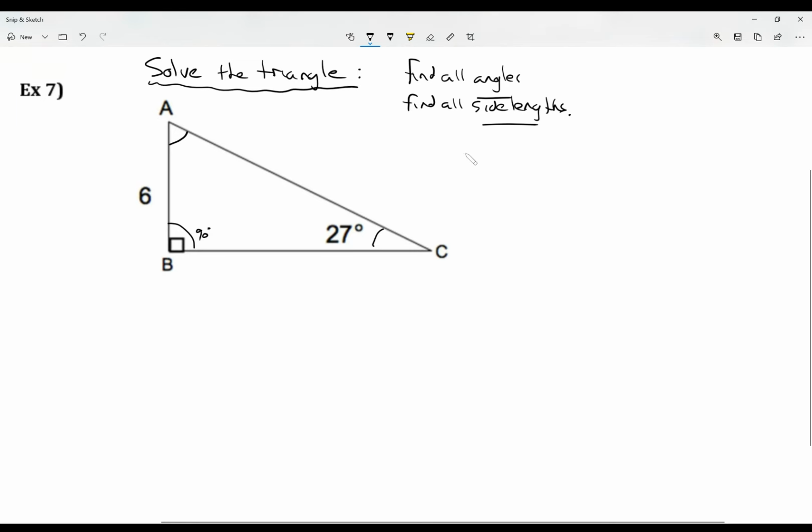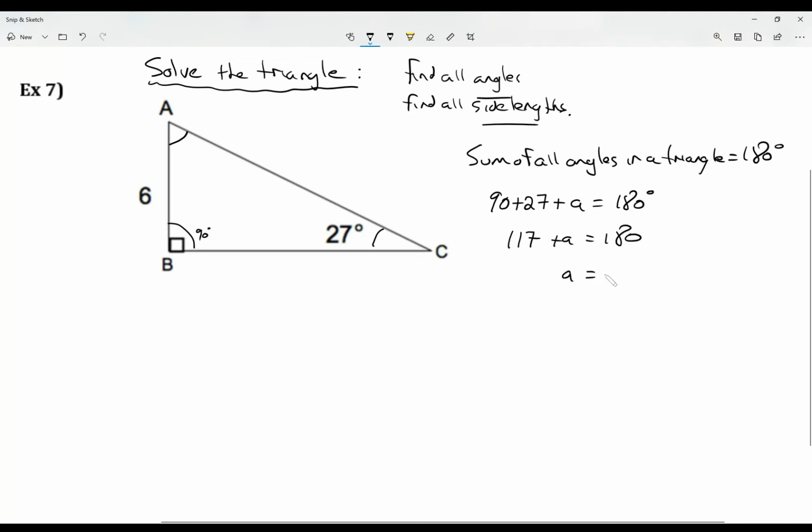Well, there is. The last example that we did at the end of the last video: the sum of all angles in a triangle equals 180 degrees. That means when I add them all together, I should get 180. So if I take 90 plus 27 plus A, I should get 180 degrees. 90 plus 27 is 117.